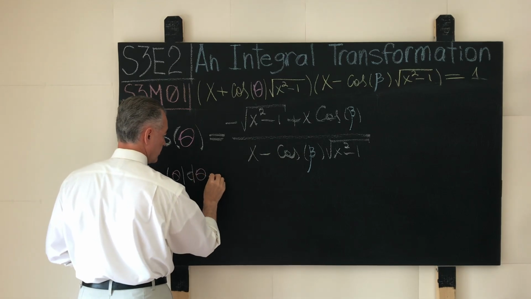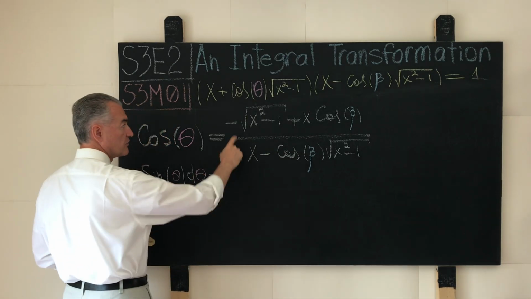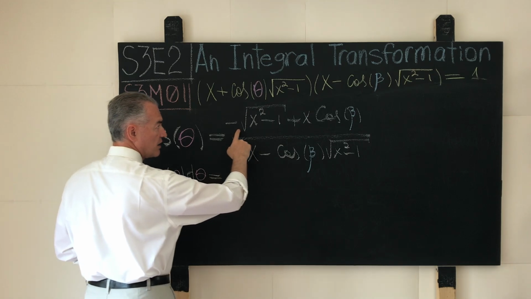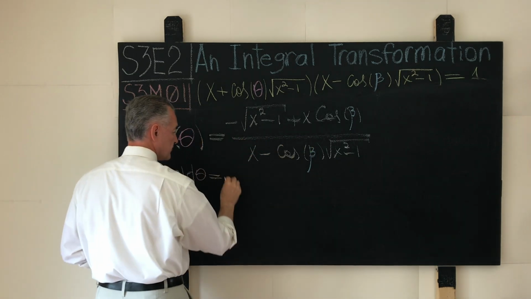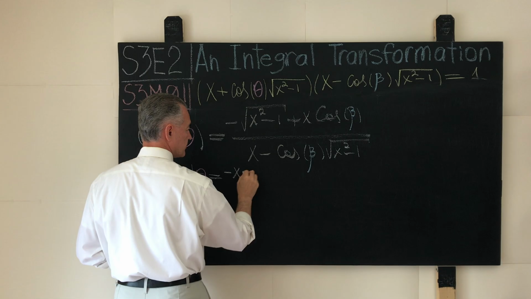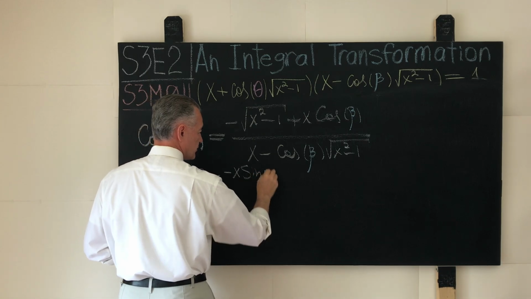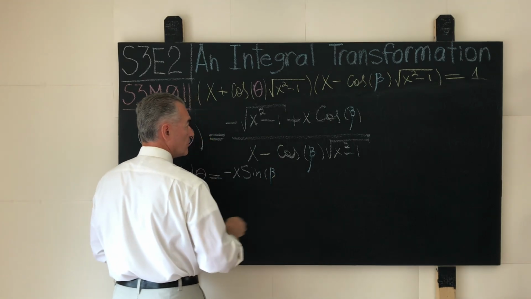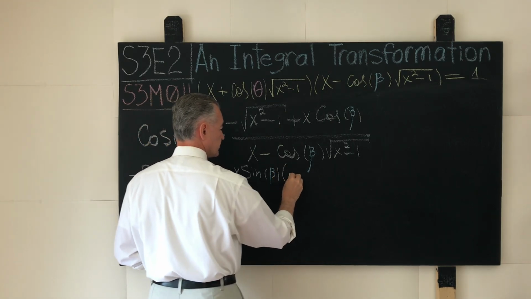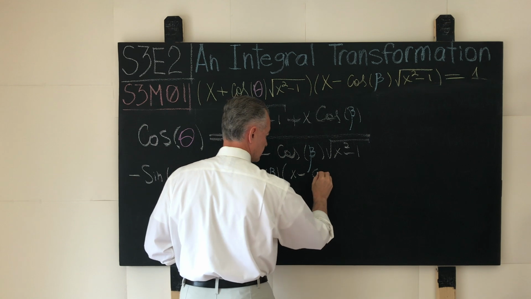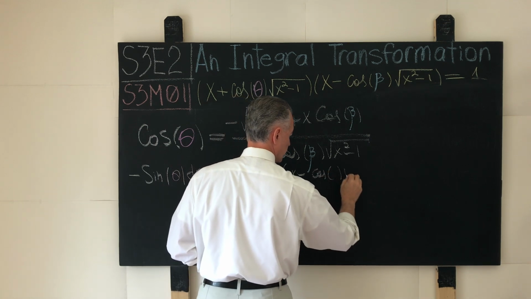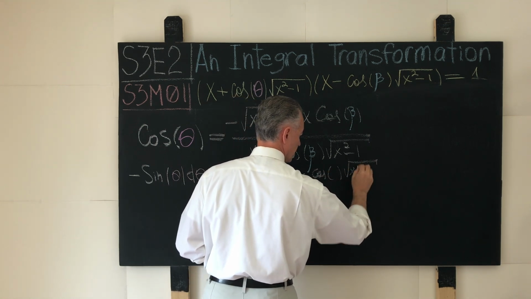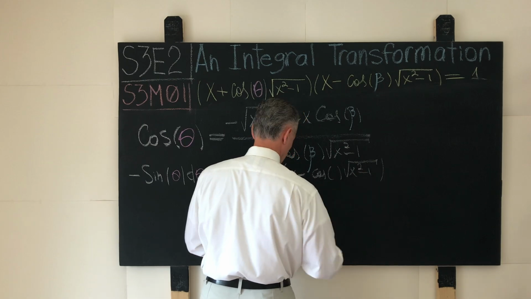And on the right-hand side, what do we have? The first differential of this animal will be negative x sine of beta times x minus cosine of beta times the square root of x squared minus 1.